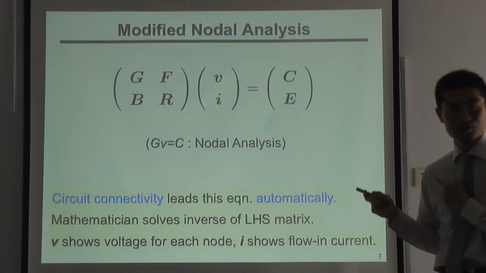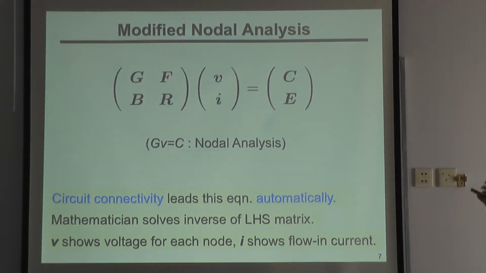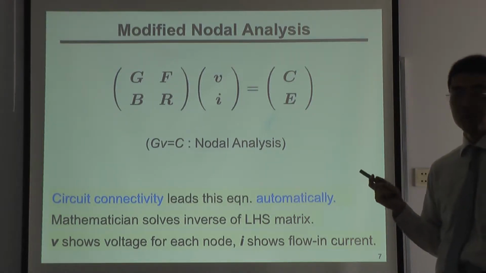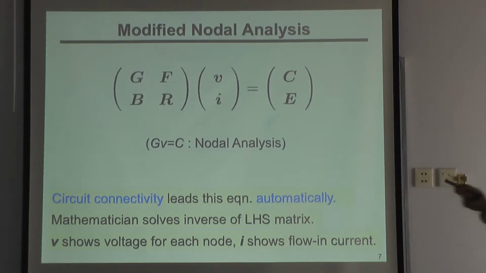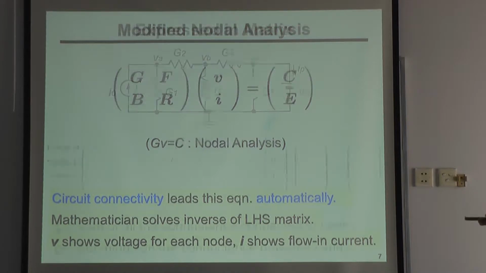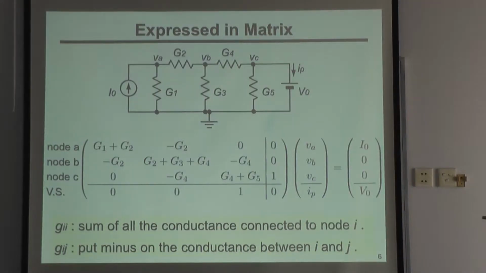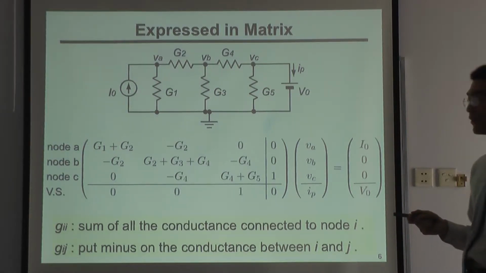It is the mathematicians' job to work out how to solve these equations in parts and with a low amount of memory. So we don't have to care about how it's solved, or how to make the inverse matrix, but we have to know how we form these equations.